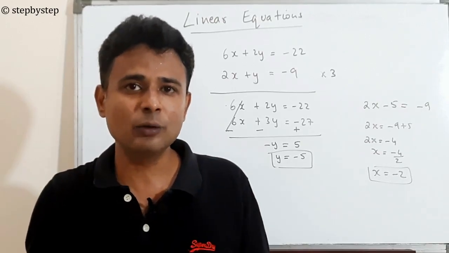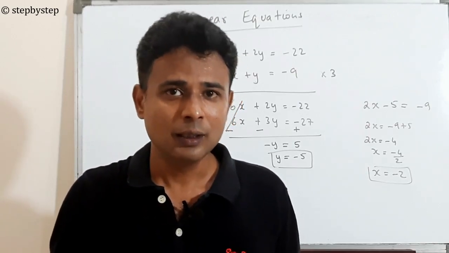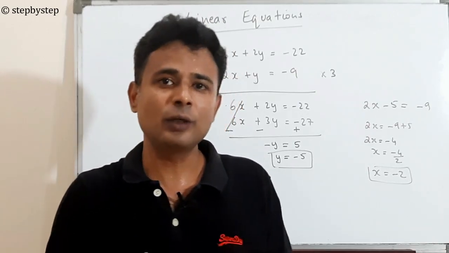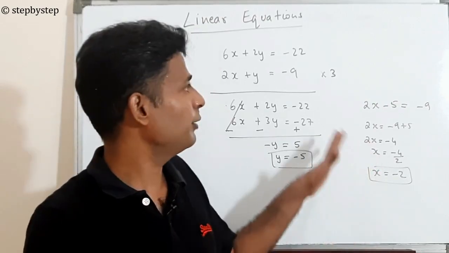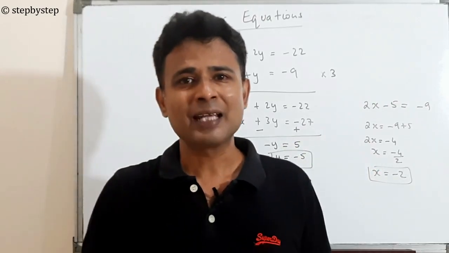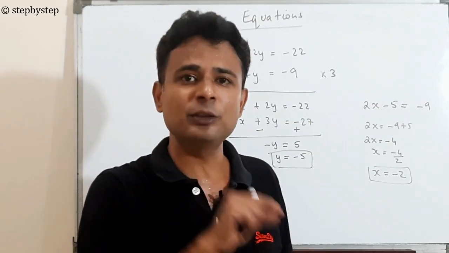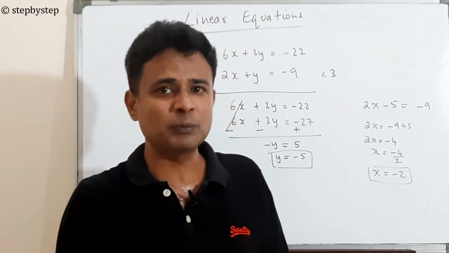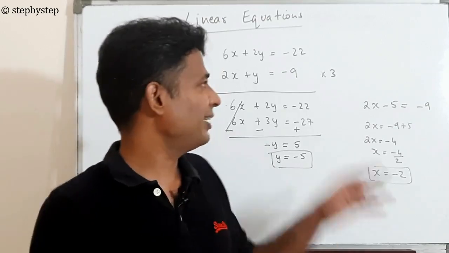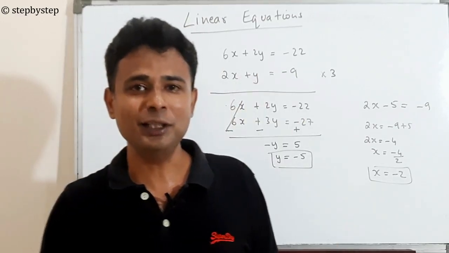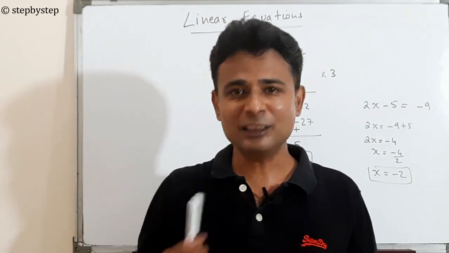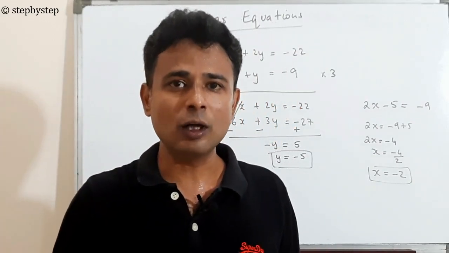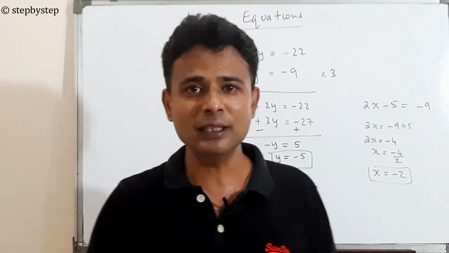But if they don't tell you which method has to be used, you can use any method. And I personally prefer the elimination method. It depends, but for some problems, substitution might be much easier if the values are very small. But my general preference is the elimination method. Now in the next module, we will discuss how to solve using the cross multiplication method.